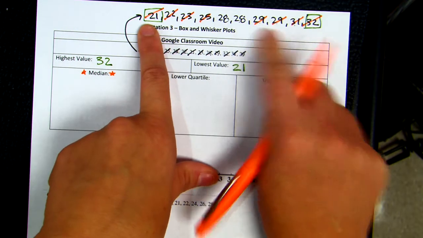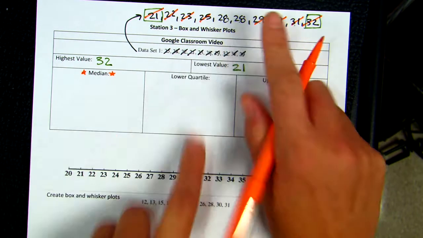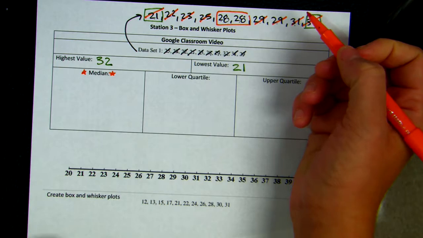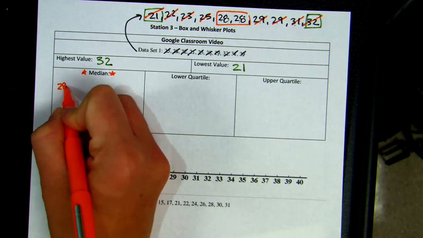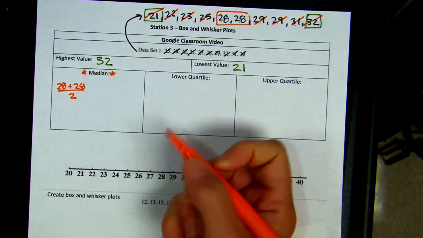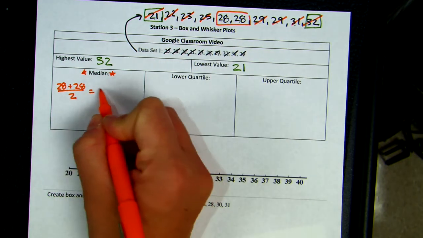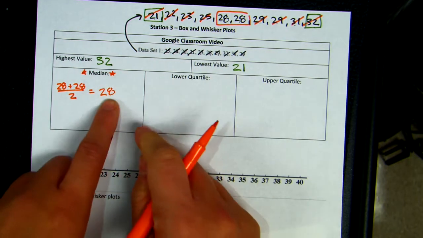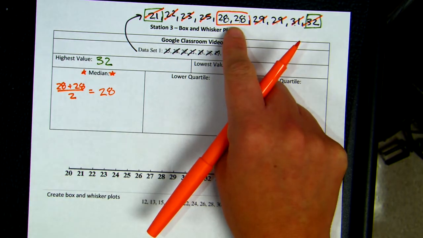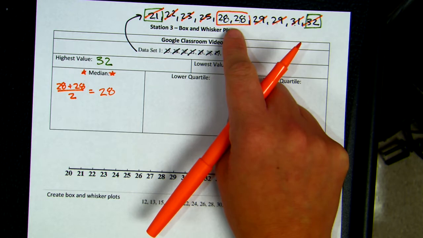Cross off 4 on this side, 4 on this side, and I'm left with 2 in the middle. So I use these two to calculate my median. 28 plus 28, then divided by 2 because there are 2 pieces of data in the middle. That should give me 28. Notice that it's the same number because the 2 numbers in the middle were the same. So my median is 28.